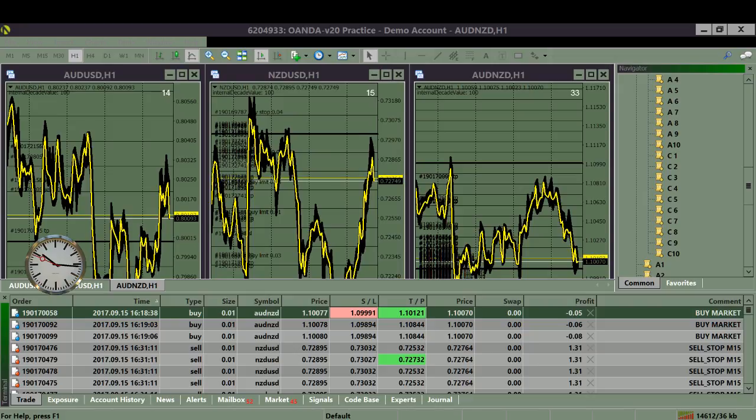It sounds like birds chirping. I'm using my Dell Xeon rack mounts to trade the currency markets. Yeah, good old dot matrix printer.